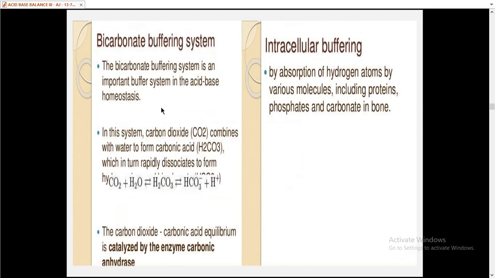In bicarbonate buffering system, the carbon dioxide combines with water to form carbonic acid, which in turn rapidly dissociates into hydrogen ion and bicarb ions. And this reaction is catalyzed by the enzyme carbonic anhydrase. While in intracellular buffering, the absorption of hydrogen atoms by various molecules like proteins, phosphates, and carbonates in the bone can also cause intracellular buffering.